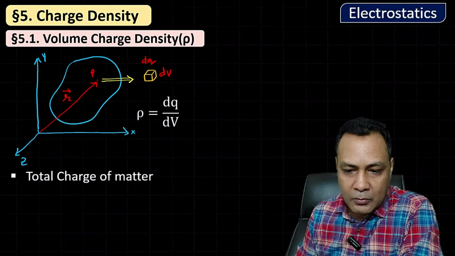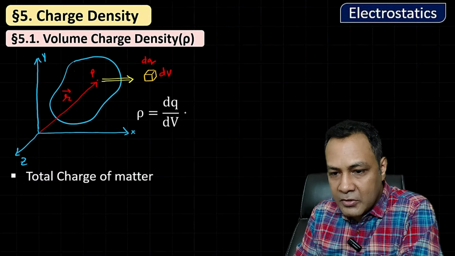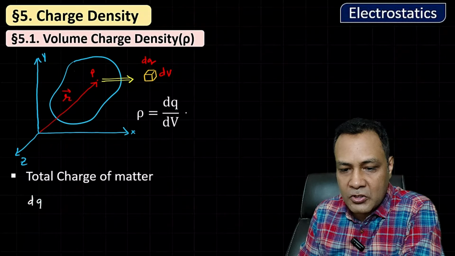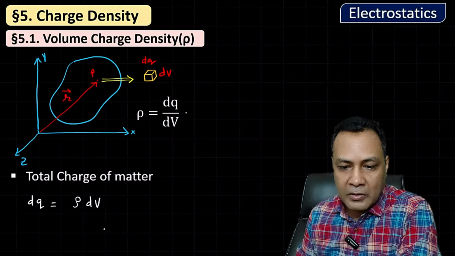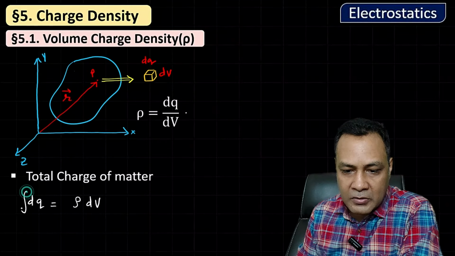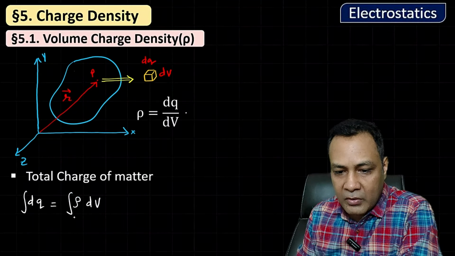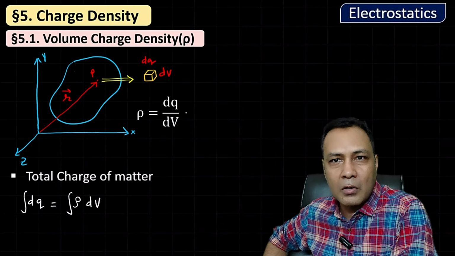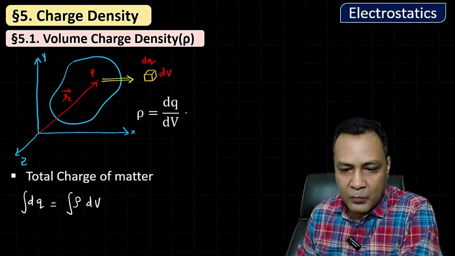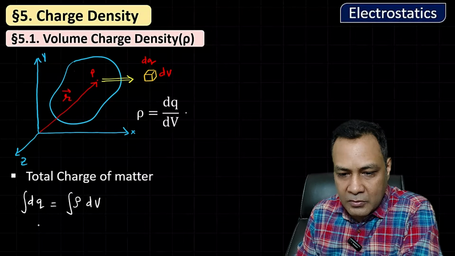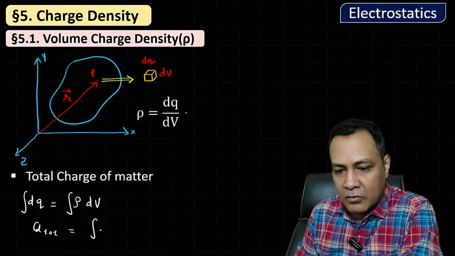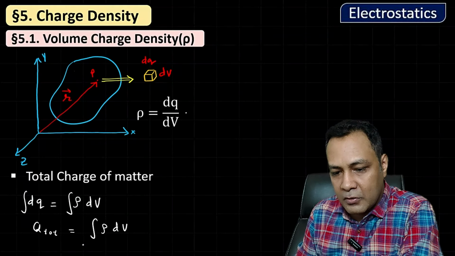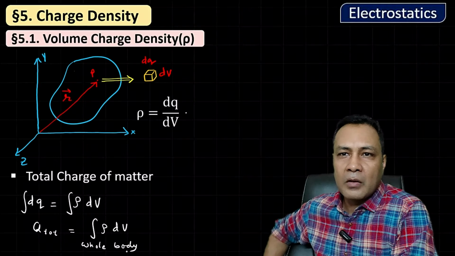Arranging this, I can write dq is equal to rho dV, and if I integrate both sides in such a way that this integration covers all the points of that body, this will become Q total is equal to the integration of rho dV, and that integration has to be carried through the whole body.